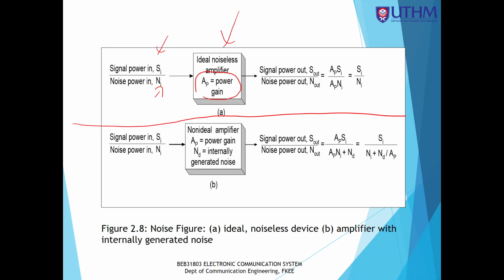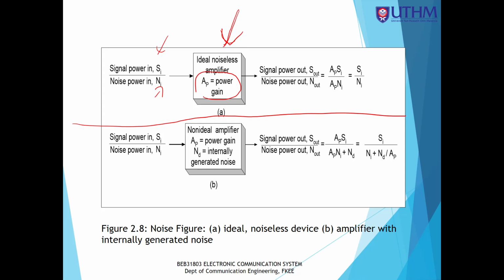Dikatakan di sini sekiranya this is a perfect system, maka tidak ada additional noise yang terhasil di dalam sistem, bermakna sistem itu tidak menghasilkan sebarang noise.